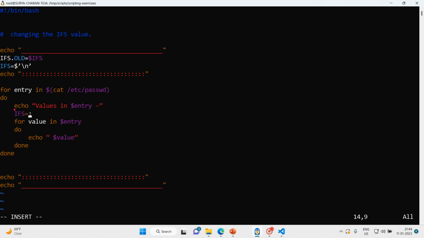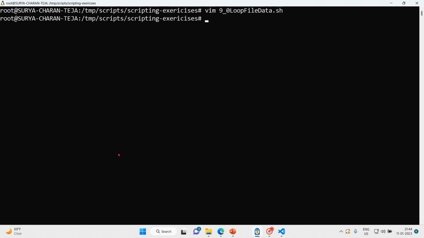That's the reason the IFS variable takes the colon here. So with this logic we are reading through the line first, and then we are iterating to each word, and we are bifurcating each word based on the colon. That is the logic of this script. Let's execute and see.